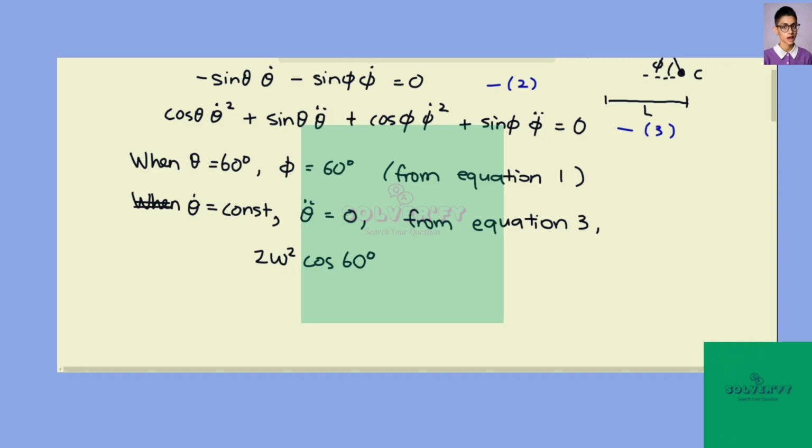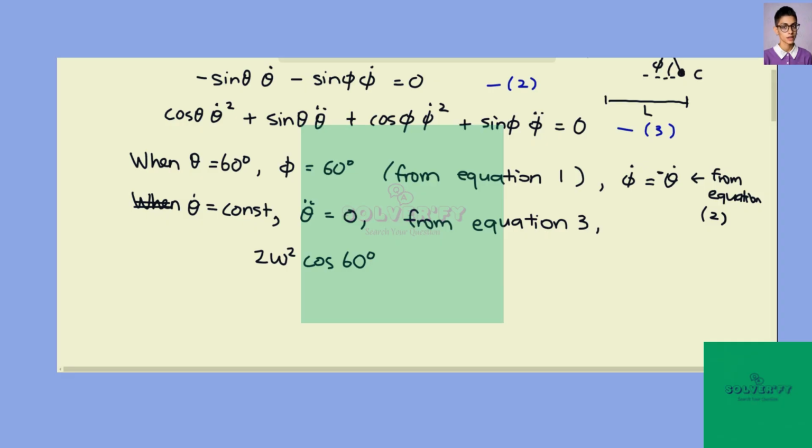How do we get this? Because we also get phi dot equals negative theta dot from equation 2. So phi dot is equal to minus theta dot.